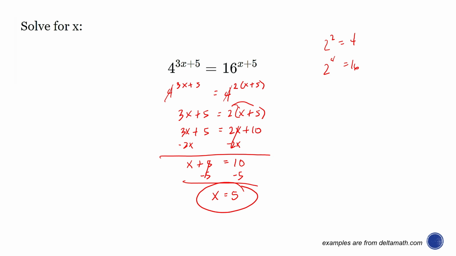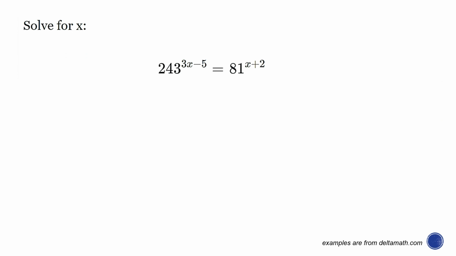Now, another possibility that you might encounter is this. You cannot express 243 with a base of 81. Also, you cannot express 81 with a base of 243. So what we will do here is find a common base. You're thinking 81 is 9 squared, but 9 raised to what equals 243?